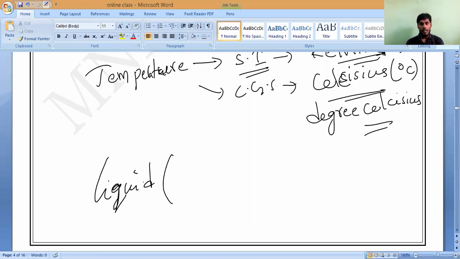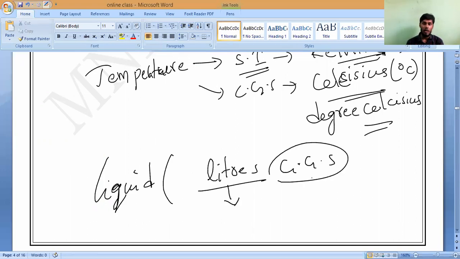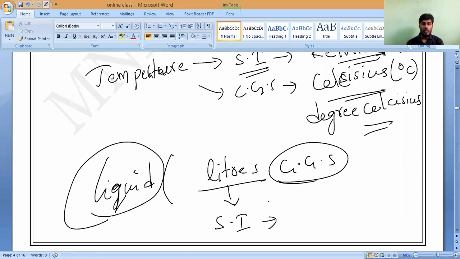Basically we measure in liters. Liters. Understand? In the same way, the common unit of water is liters, and the SI unit of water, meaning any kind of liquid, we measure in cubic meters. What should we call?